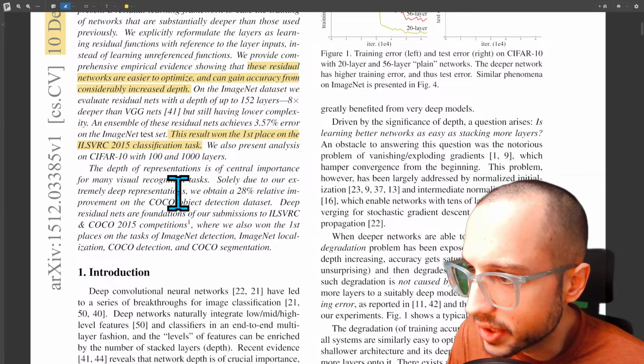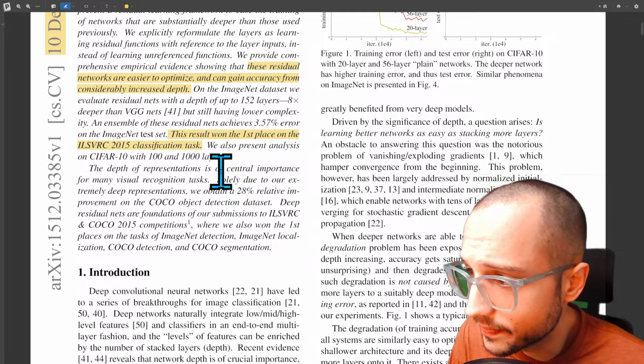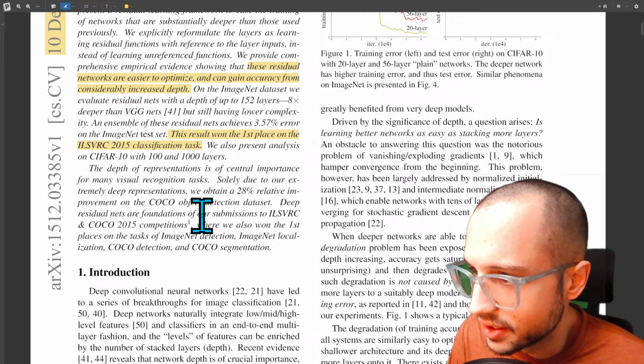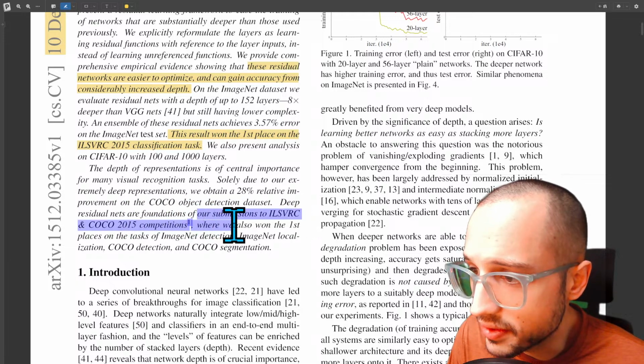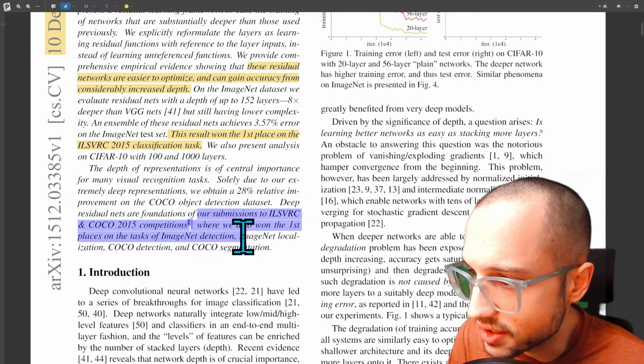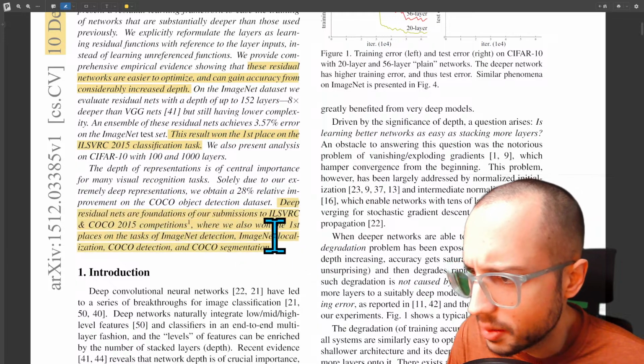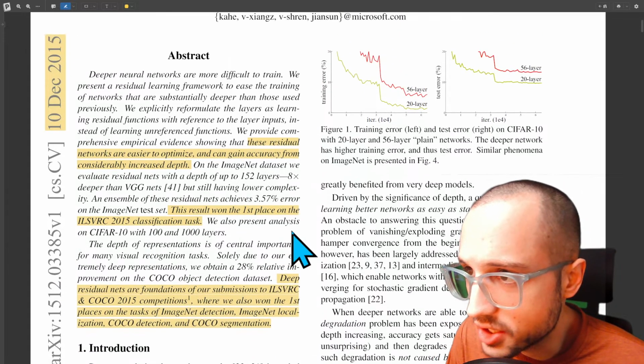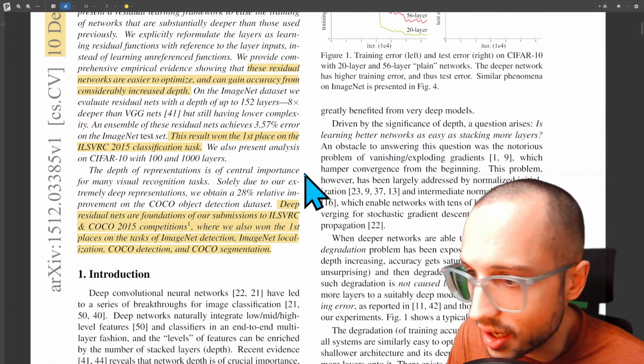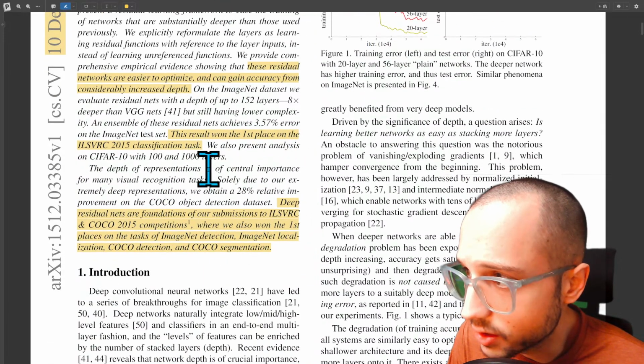28% relative improvement on the COCO object detection dataset. Yeah, look at this. Our submissions to ILSVRC and COCO 2015, where we won the first places on the tasks of ImageNet detection, ImageNet localization, and COCO segmentation. So basically, residual connections were huge when they dropped, and they won all the different challenges, right?